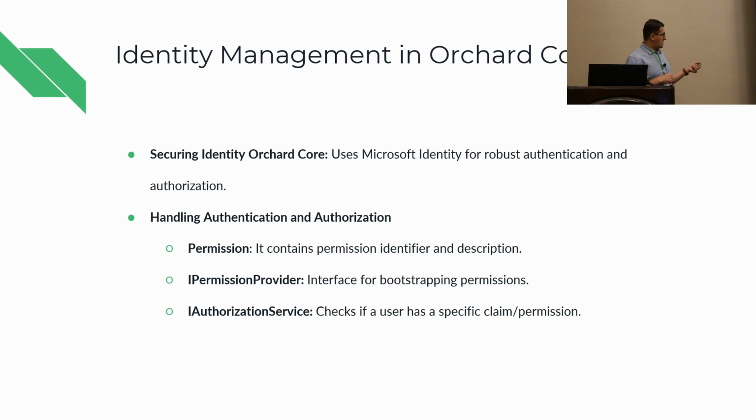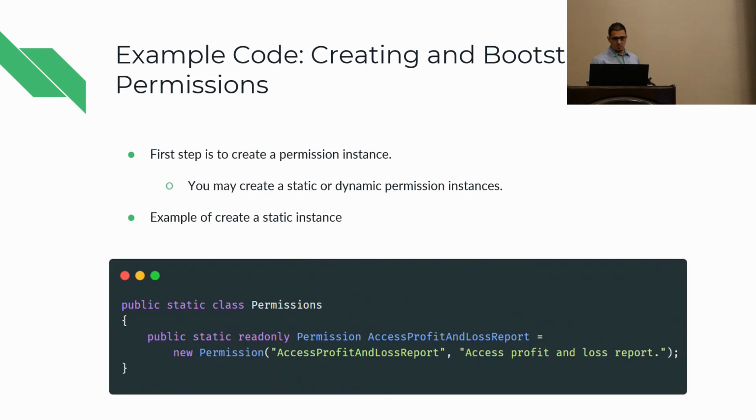And the last one is the authorization service, and this is part of the .NET Identity project. This one just allows you to say, hey, does this authenticated user have permission to do whatever it is that you're trying to do. So I'm going to show some code examples here.